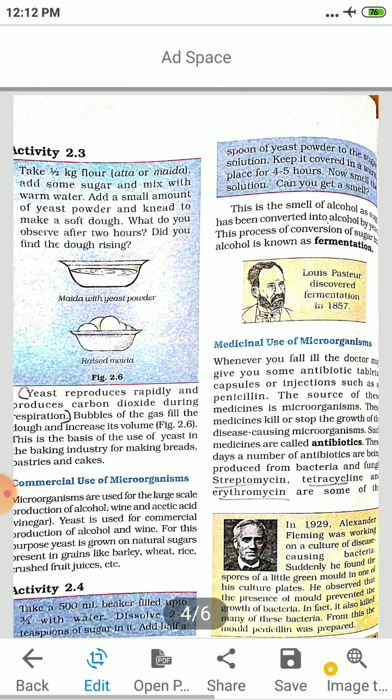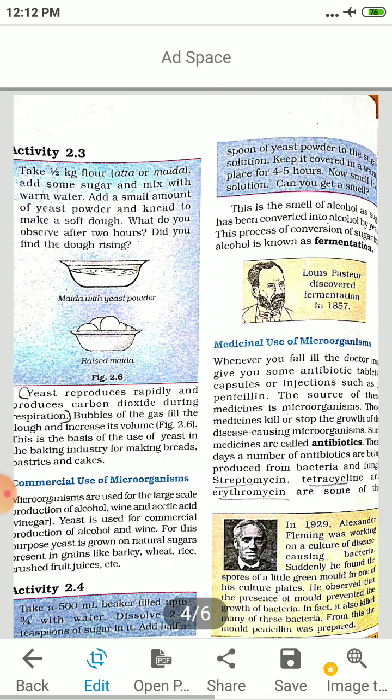Now, commercial use of microorganisms. Commercial means in big factories where they are used. Microorganisms are used for the large scale production of alcohol, wine and vinegar, acetic acid. Yeast is used for commercial production of alcohol and wine.